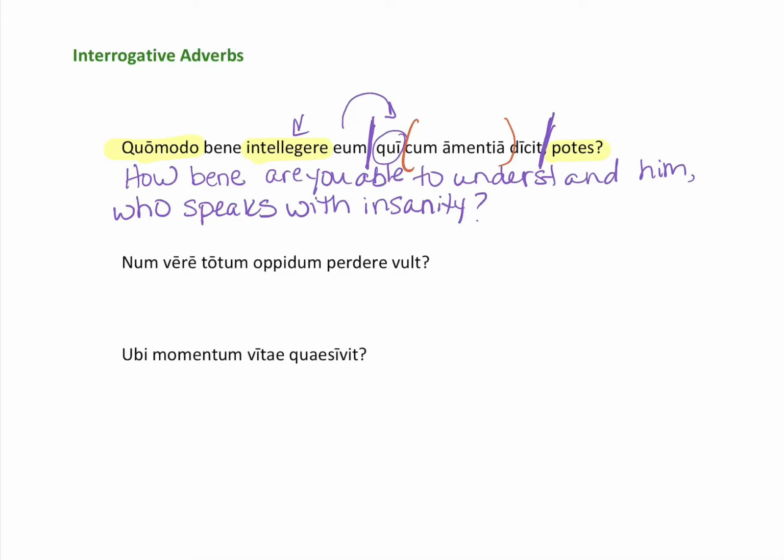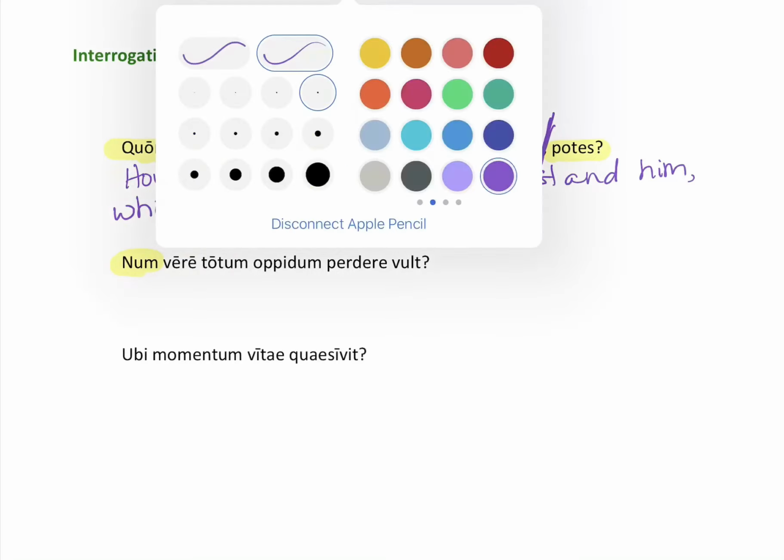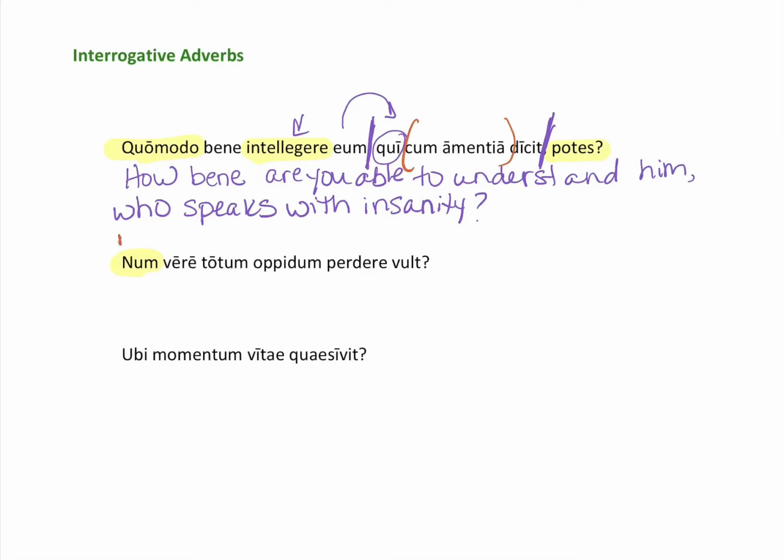This next one is a yes or no question. It starts with num. So we are looking for the answer to be no. So we have to phrase that in a no sentence. So that is third person, to wish or to want, right?